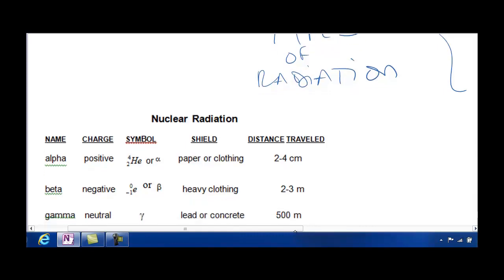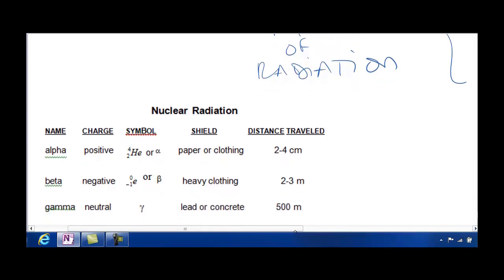The third type of radiation is gamma. Gamma is represented by the Greek letter gamma. Gamma has no charge. It's not positive, it's not negative, it's neutral.